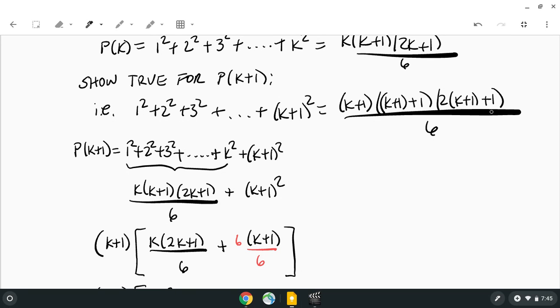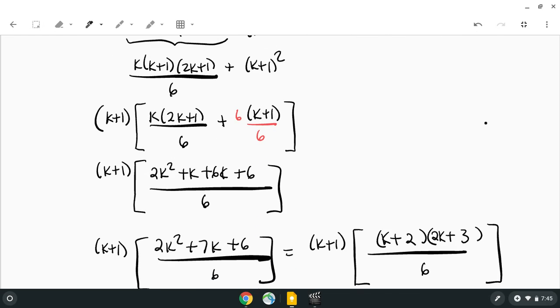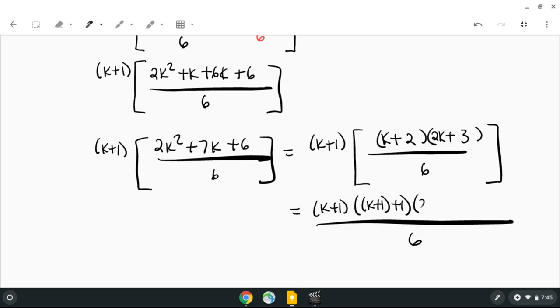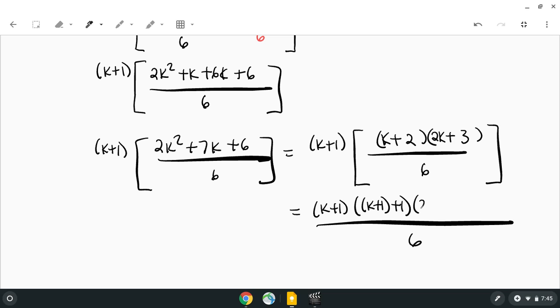So yes. So let's just go ahead and rewrite it like that, 2 times (k plus 1) plus 1. And so here, the left-hand side does match up with the right-hand side.